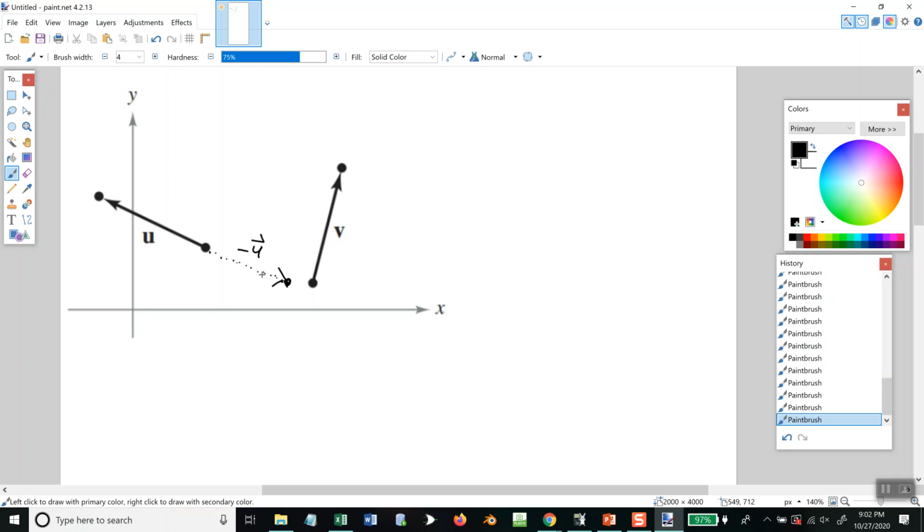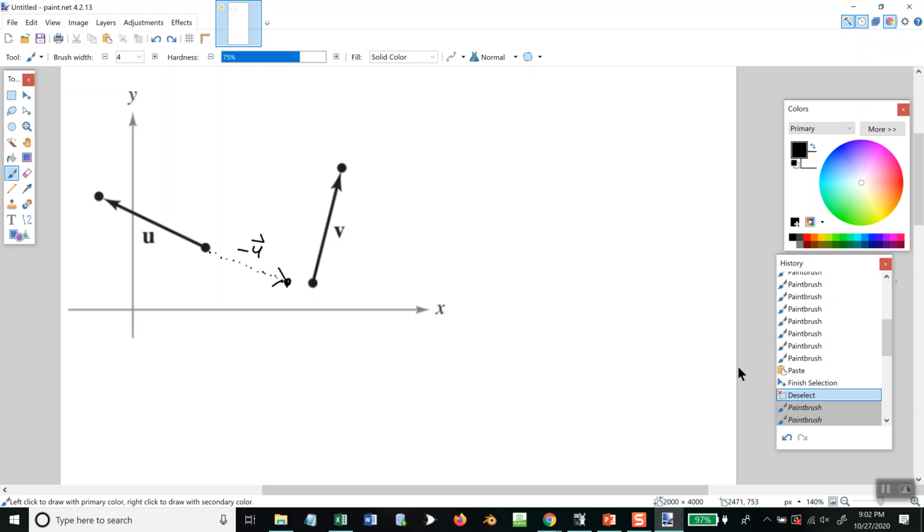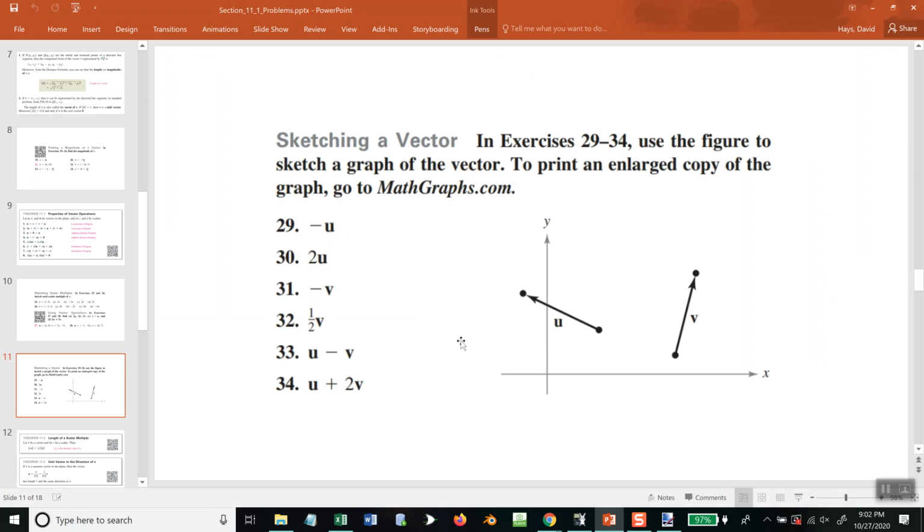So negative just flips the vector and goes in the other direction. Okay, negative v will just go down. You were asking about u minus v.